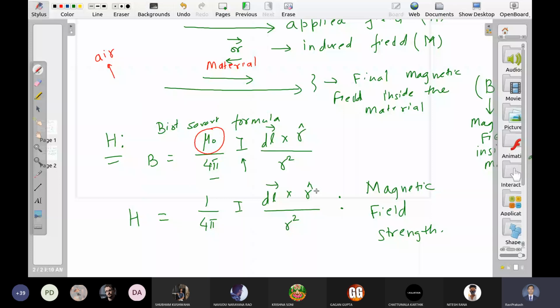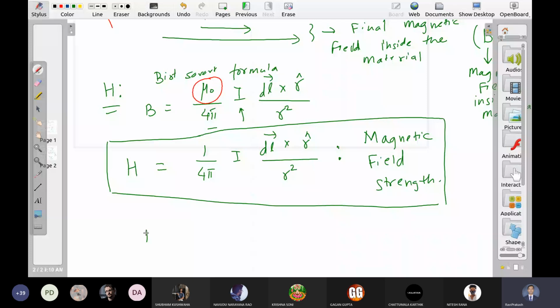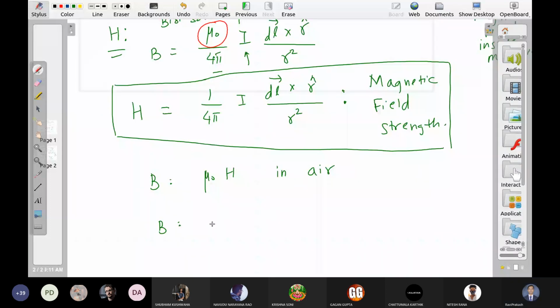So this is H. And if we want to calculate the magnetic field from H, the formula is simple: B is equal to mu naught H in air, or B is equal to mu H in a material, right?